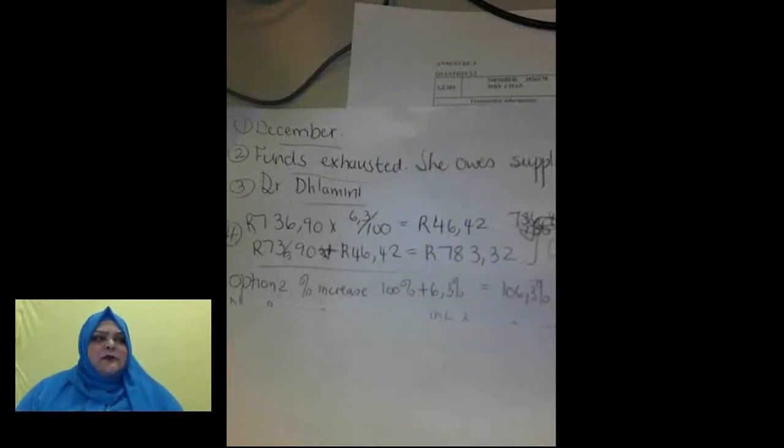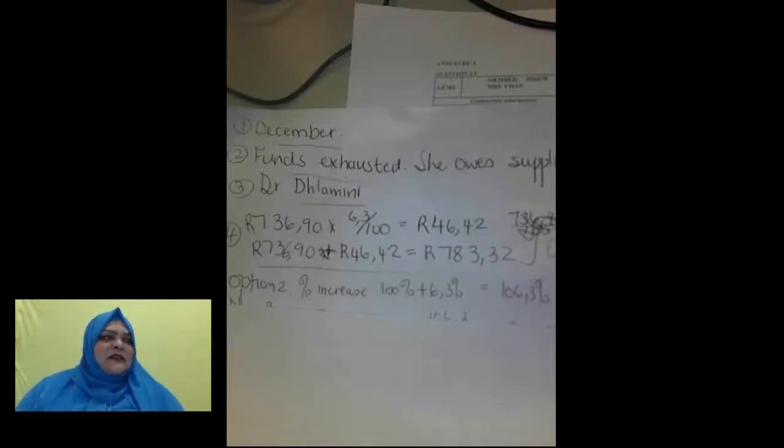So here's another option, option 2. I hope you can see it clearly because I'm just scribbling and not having my best handwriting here. Option 2, percentage increase. That 100% represents the 736 rand 90 cents. You see?